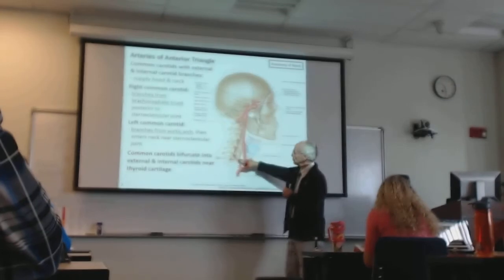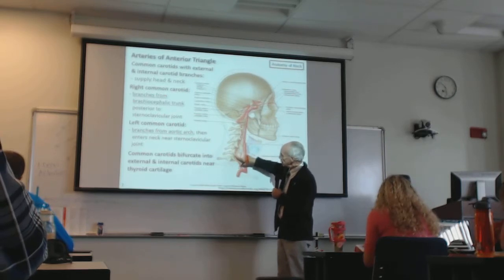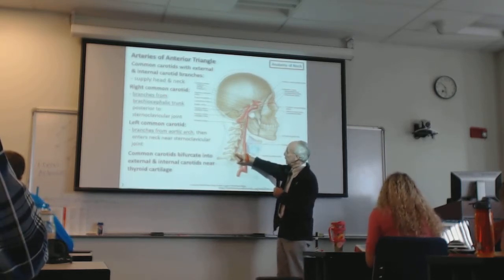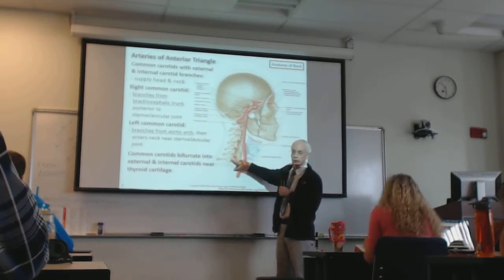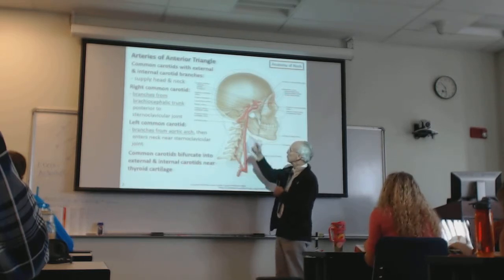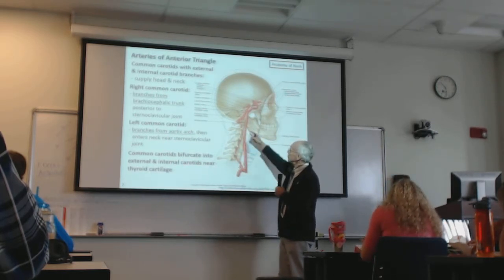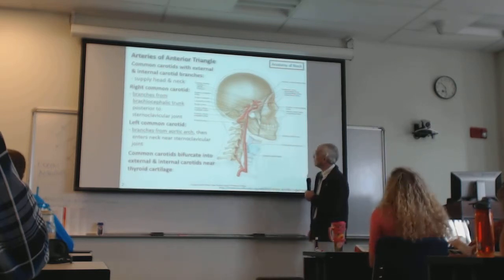We talked about the vertebral arteries. In most cases, the vertebral artery enters the cervical vertebra at number 6, and in about, I don't know, 5–10% of folks, it will actually come all the way down to 7 and enter through that transverse foramen. Then the vertebral arteries enter through the foramen magnum.